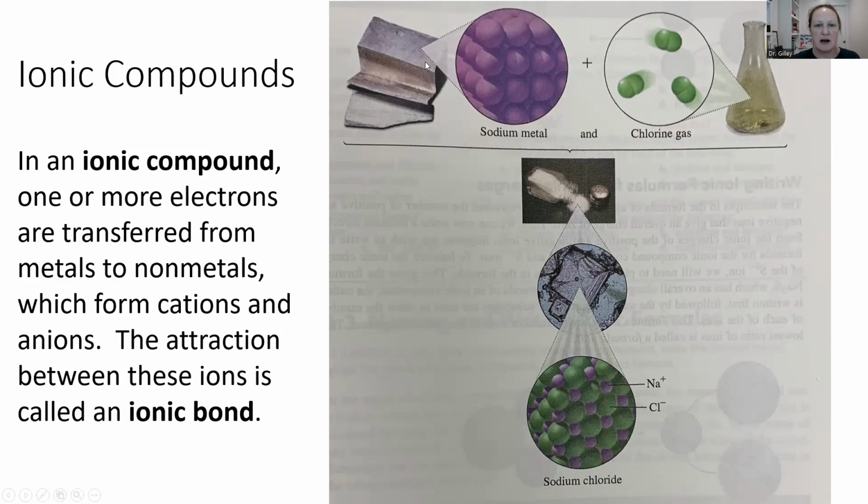Sodium metal is a soft white solid, and chlorine gas is a poisonous yellow-green gas. Those are very different from the properties of sodium chloride, which is common table salt and an important part of our diet.